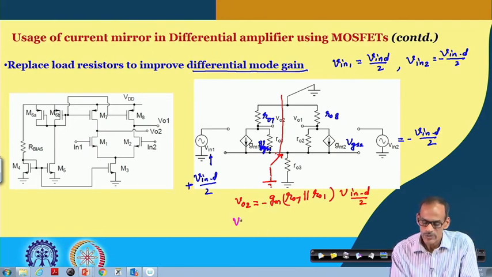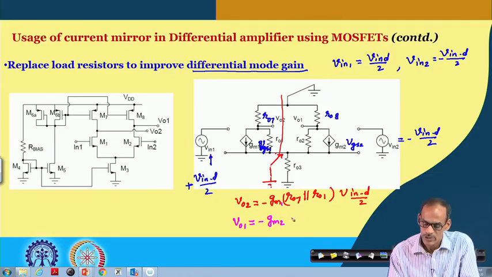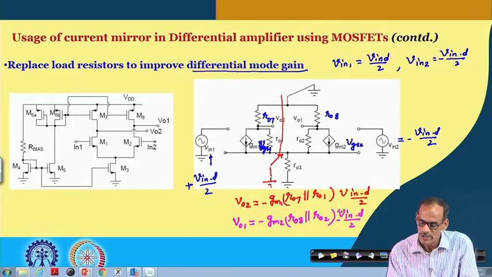Likewise, if you consider VO1, that is equal to minus gm, of course, this is 1 and this is 2. So, we may drop that subscript 1 or 2, assuming they are equal. So, this is multiplied by RO8 in parallel with RO2 multiplied by Vin D by 2 with a minus sign here. So, this minus and this minus are getting cancelled. So, we can remove that.